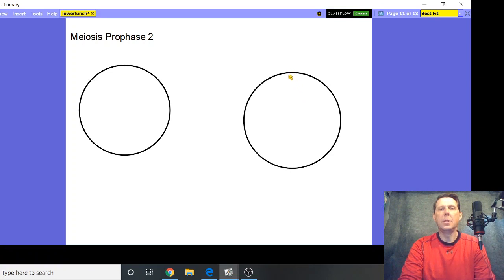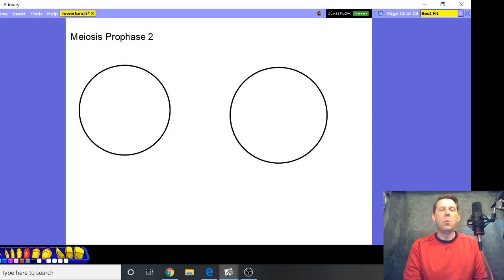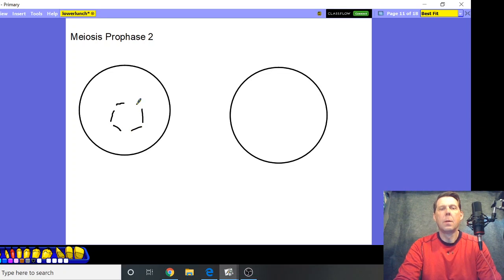Since this is just like mitosis, let's talk about what we know is going to be happening here. We know that the nuclear membrane is going to be breaking down. We can draw that. And we know we have our chromosomes moving out into the cytoplasm.